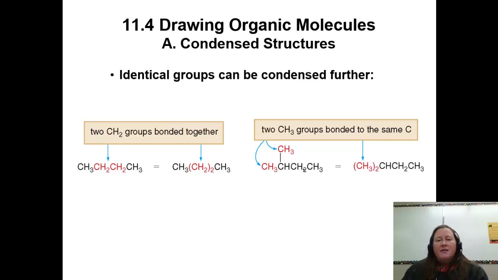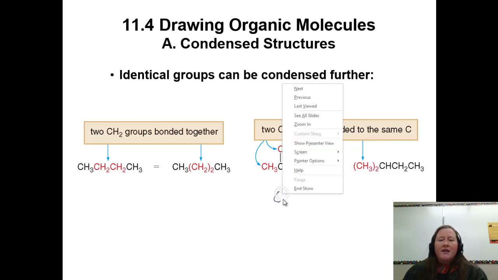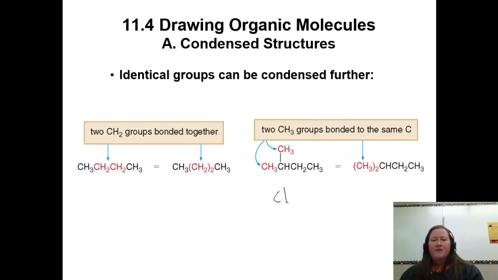On this end of the hydrocarbon, you see it attached to 2 CH3 groups. So a way to shorten that is to say, I have a CH3 group, I have 2 of them attached to this carbon, which is attached to 1 hydrogen, which is a CH2 and a CH3.